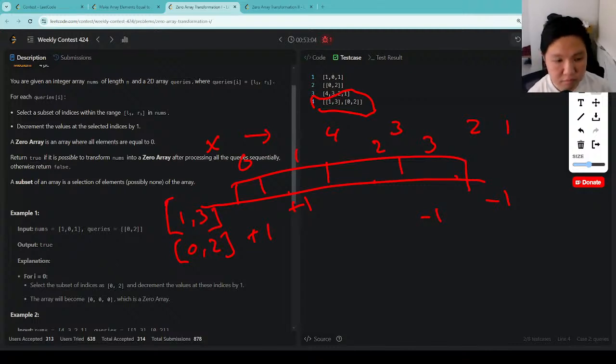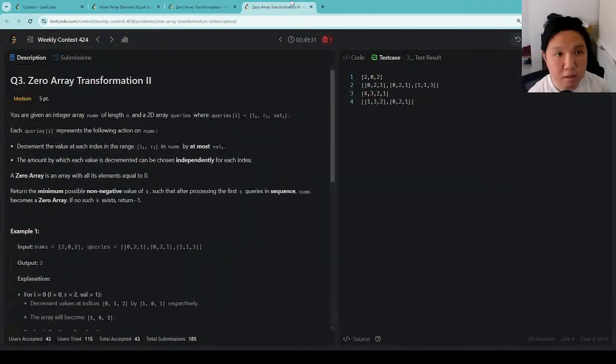Let me think about it a little bit. So this is very similar to the first one, except that you have to return the minimum. So how many of these k's do you need?